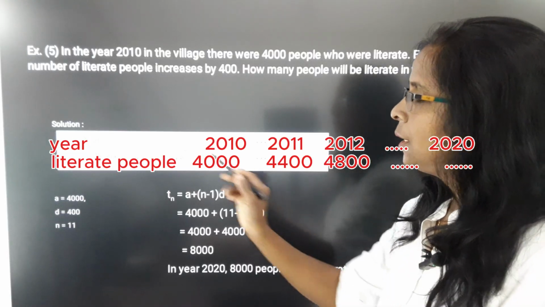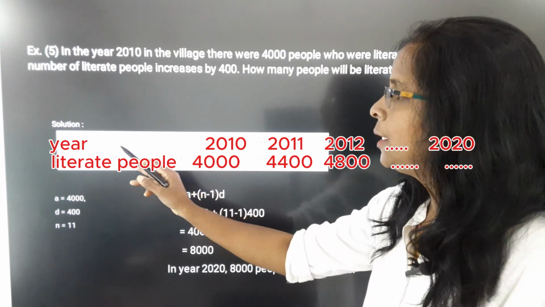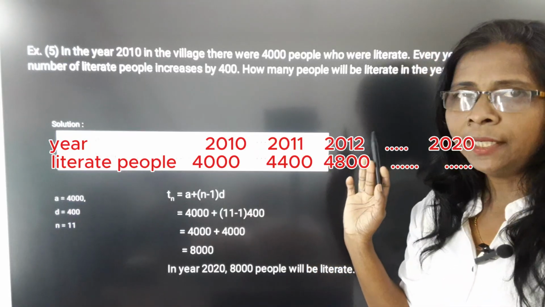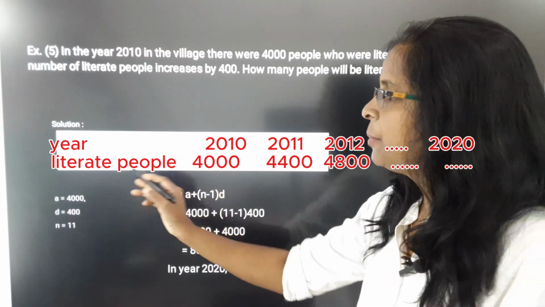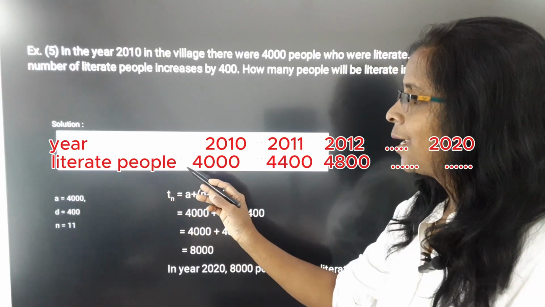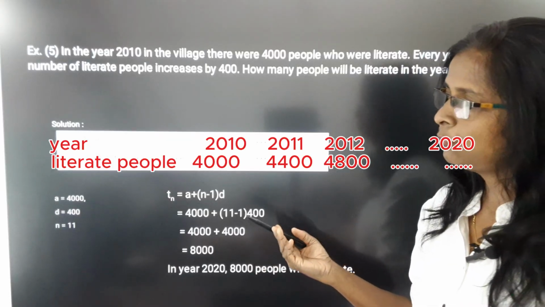Okay, so this table is given: the years 2010, 2011, 2012 up to 2020, and the literate people, first in the year 2010, 4,000, then in the second year 4,400, because it increases by 400.